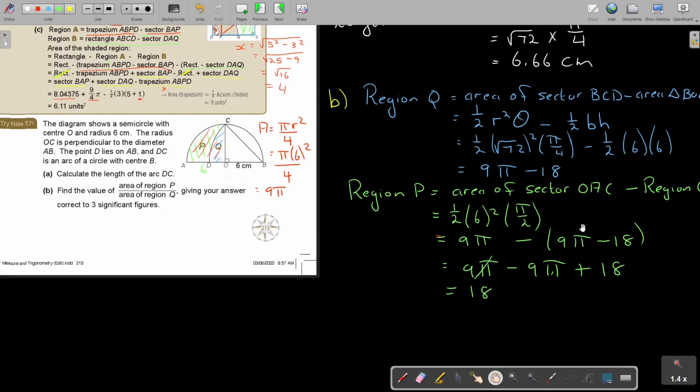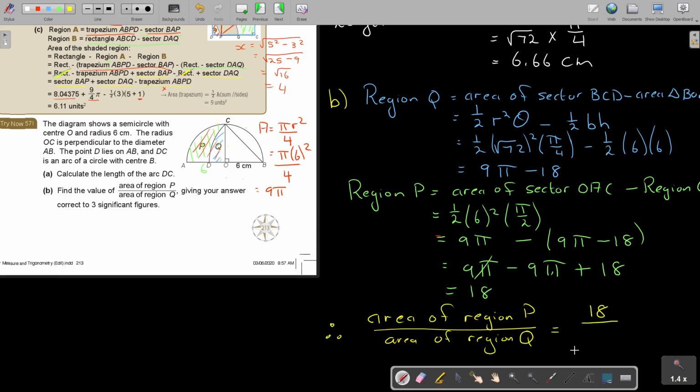Okay, and now I go for my finals. Therefore, area of region P over area of region Q is 18 over 9 pi minus 18.